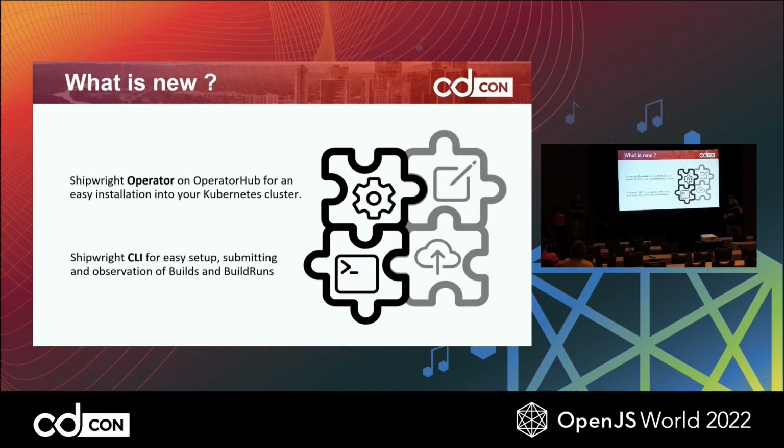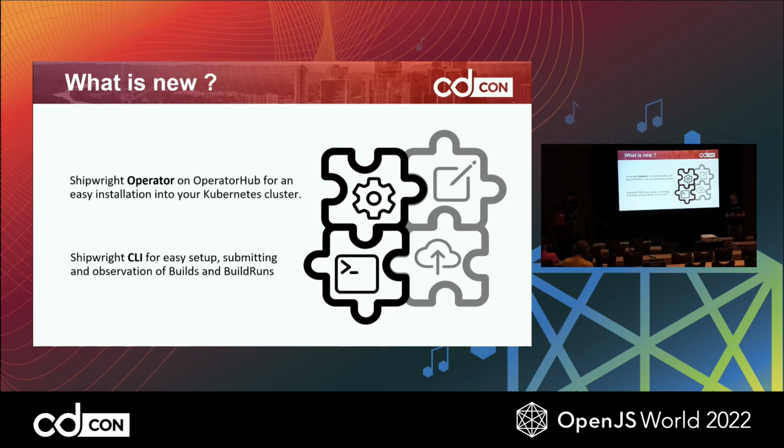Thank you, Enrique. So let me spend some time discussing some of the core features that we delivered over the past year. The first 2 that I'm showing here actually make installation and use easier. So first of all, in addition to the traditional approach of doing a kubectl apply to install Shipwright build on top of your Kubernetes cluster, we now have an operator.